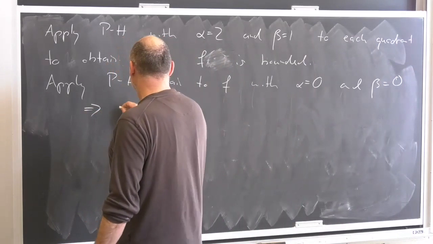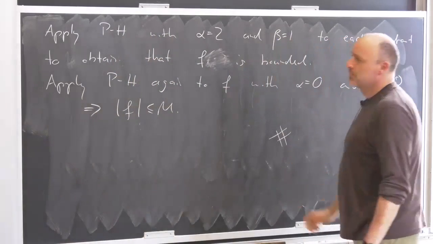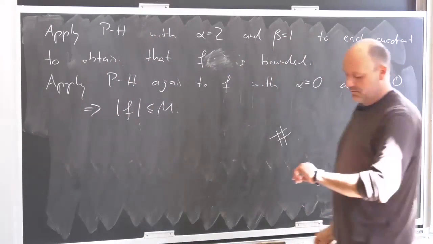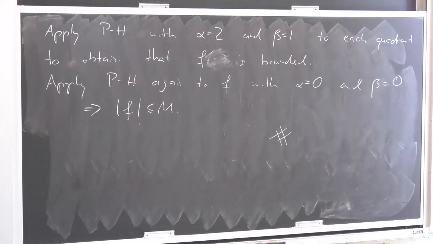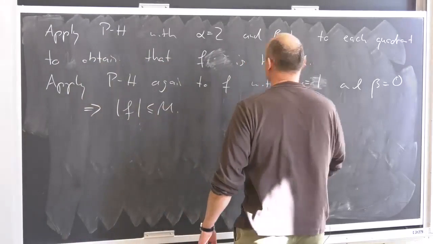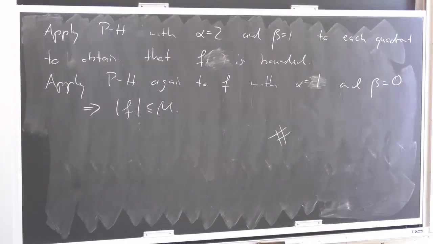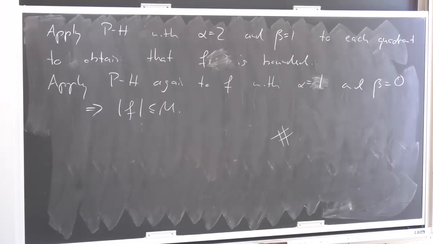And so now you're done. Sorry, alpha equals 1, beta equals 0. So now finally we get what we really want for our quasi-analyticity.